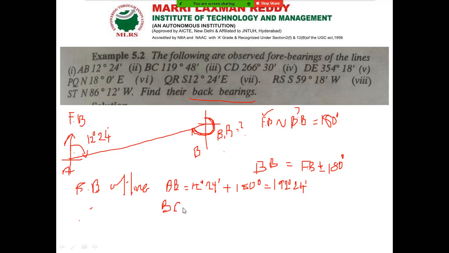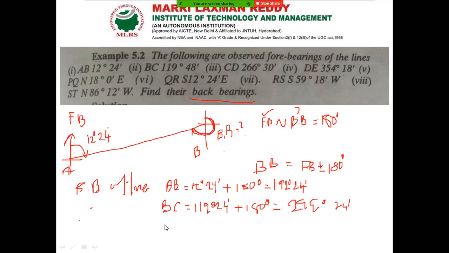So for line BC, the fore bearing value is 119 degree 24 minutes. So we know that this is also less than 180 degrees, so we have to add 180 degrees, so that our answer becomes 180 degrees plus 119 degree 24 minutes gives 299 degree 24 minutes.